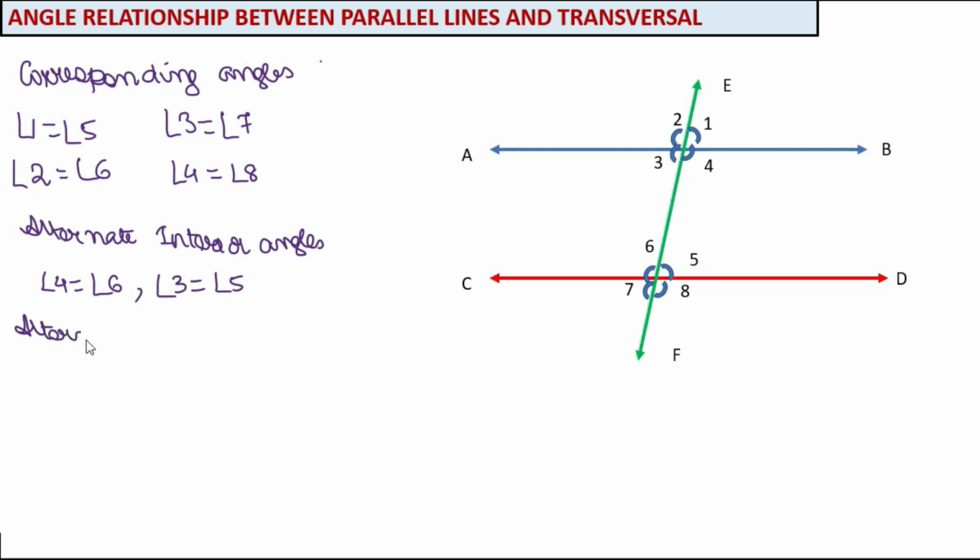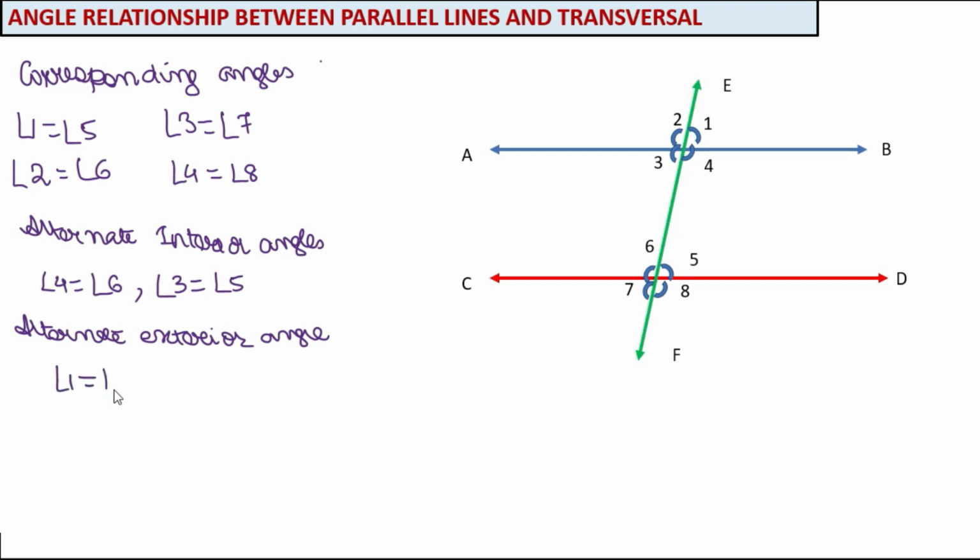Next comes alternate exterior angles. By the name itself you can identify that they are lying opposite as well as lying outside the parallel lines. So, here angle 1 equals angle 7.